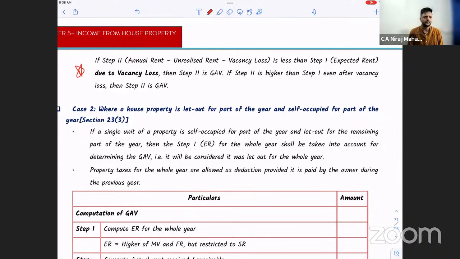And then if step 2 is lower than step 1 because of vacancy loss, then we take step 2 as gross annual value, because you did not earn the rent income over there. Done till here, all of you?